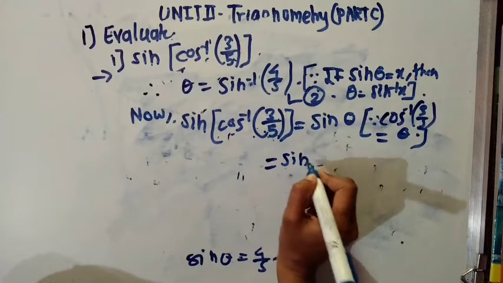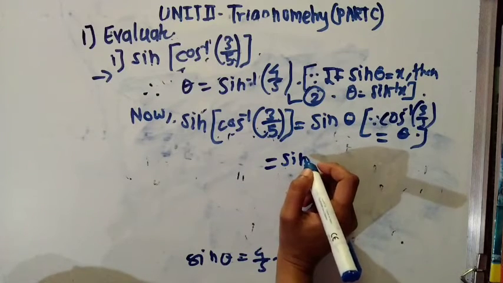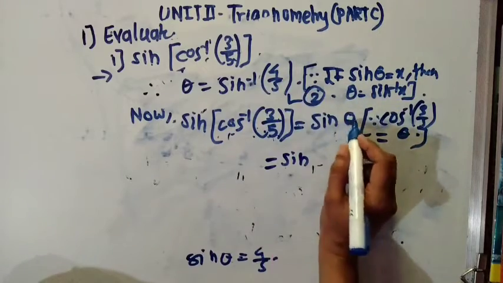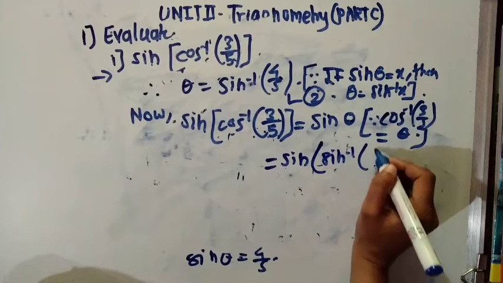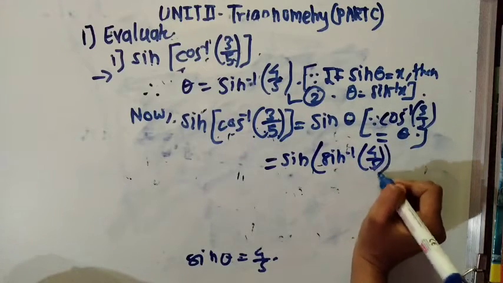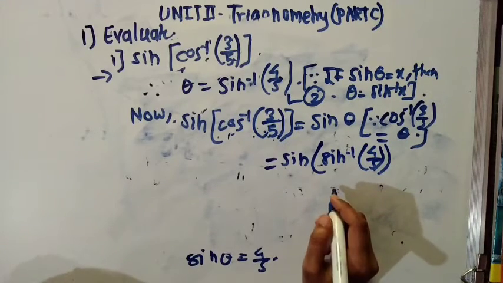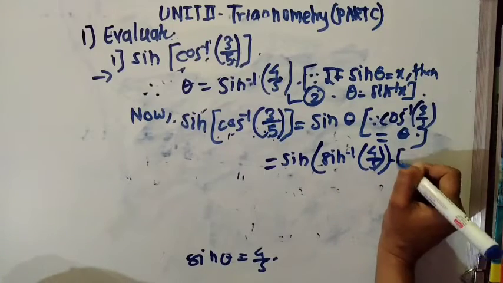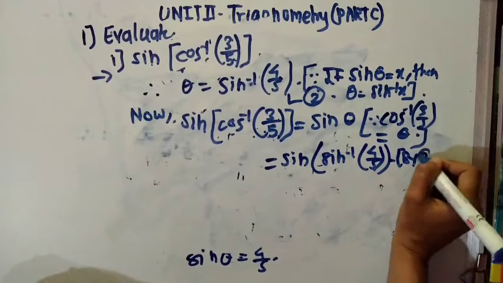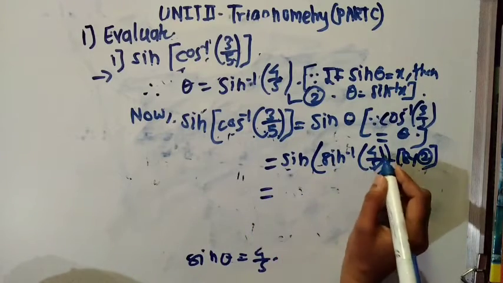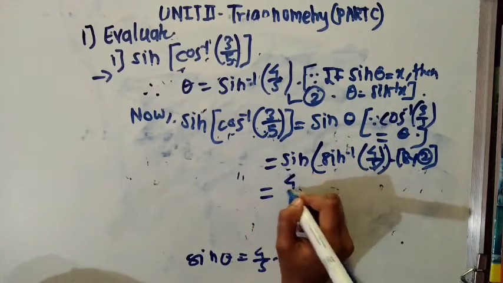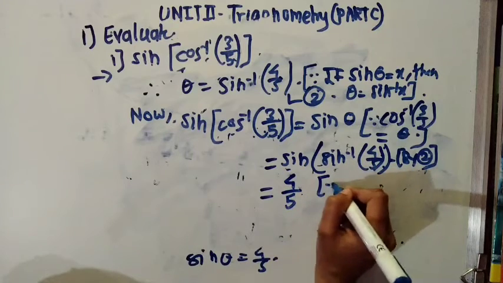But by the second equation, theta is equal to sin inverse of 4 upon 5, and sin of sin inverse of x is x, which is equal to 4 upon 5.